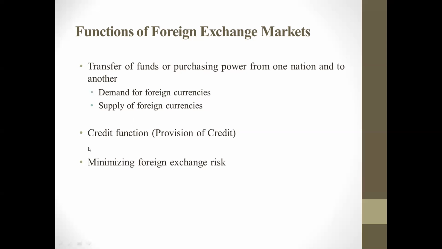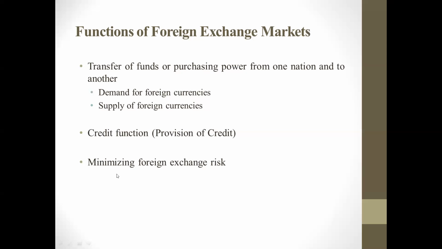I briefly explained those things in our first two sessions, how countries face deficits in foreign currencies and how the IMF and World Bank play a role as facility providers. So that also happens in the foreign exchange market.